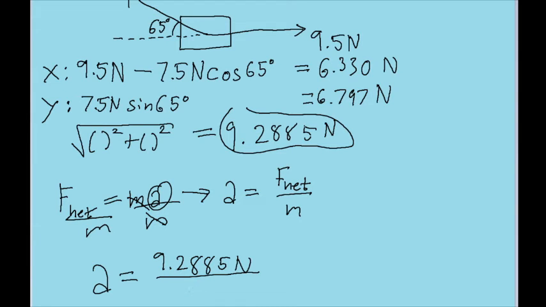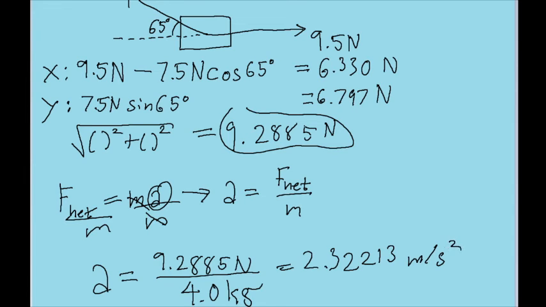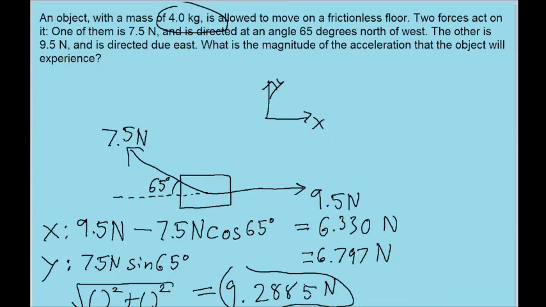And then you take that and you divide it by the mass, 4.0 kilograms, and we find an acceleration of 2.32213 meters per second squared, which if you want to be accurate to significant figures, you can just round this as 2.3 meters per second squared. And that is the acceleration of the object along the floor.